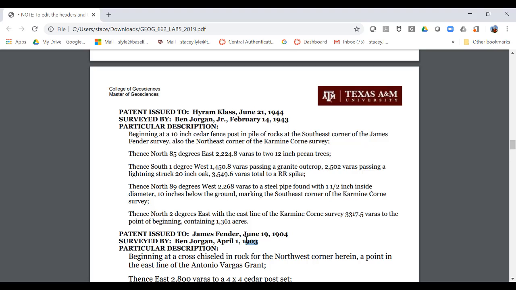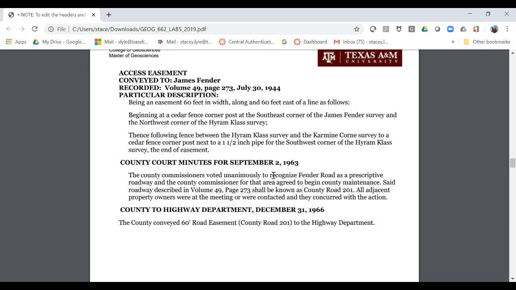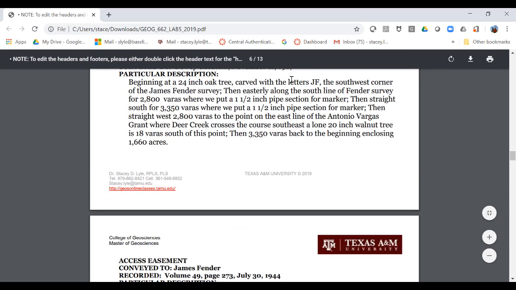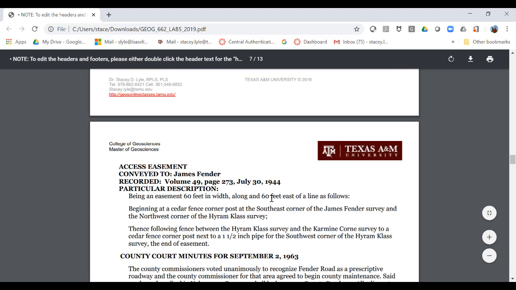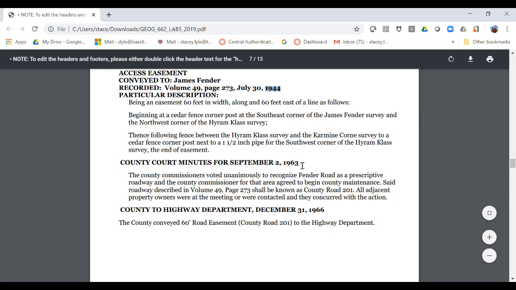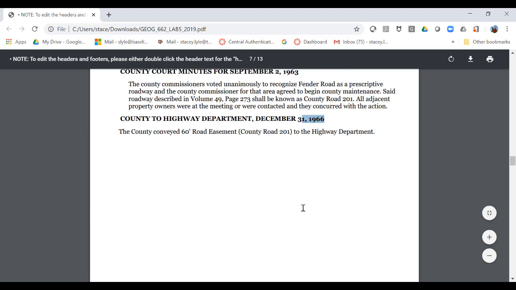So we're looking at the date, but we can see 1903, and then up here 1943, and then we have 1927, and then we have an easement in 44, and then the county minutes in 63, and then the highway department in 66.